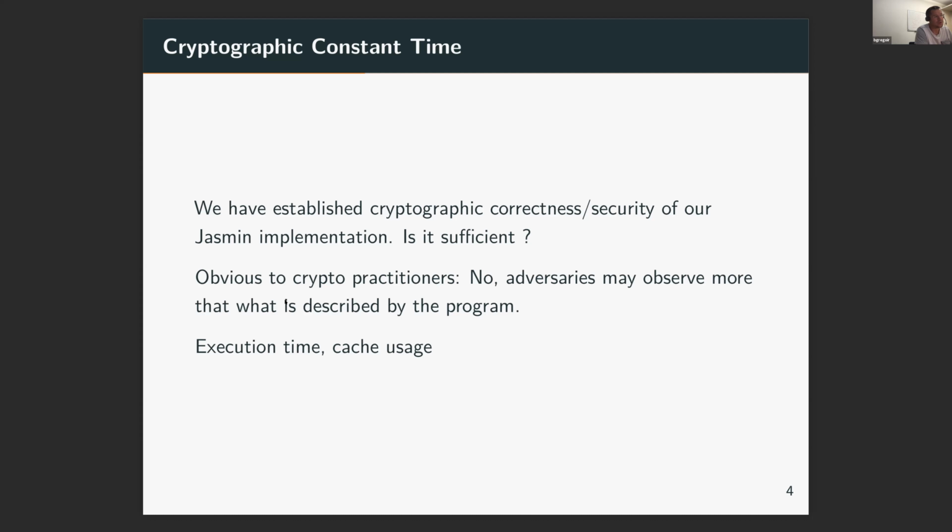In particular, when you run a program, they can measure the time the program takes to execute, or observe the cache usage of your computer. This will allow them to recover some information, and maybe that information will allow them to recover some of your secret data.